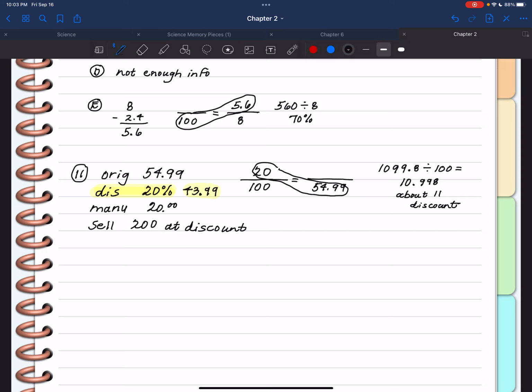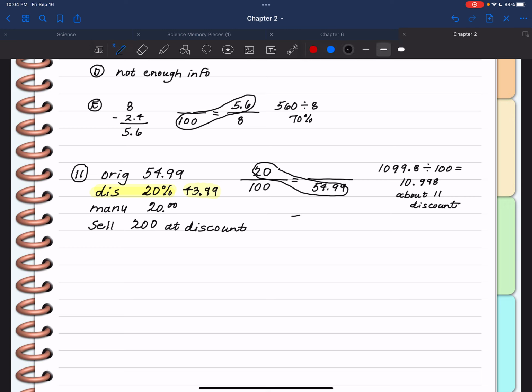Okay. So then I'm going to figure out how many sweaters we sold at the discounted price. Oh, I don't need a proportion.